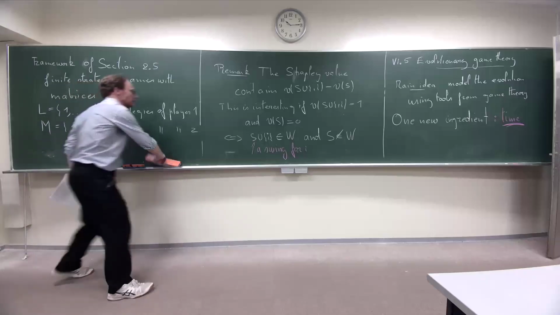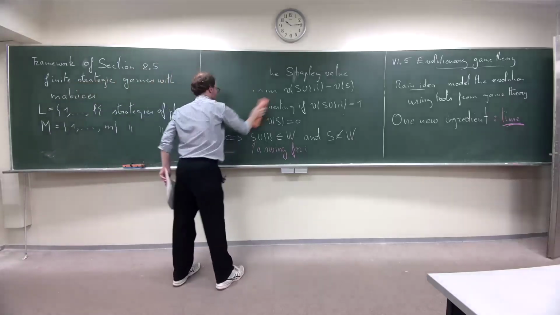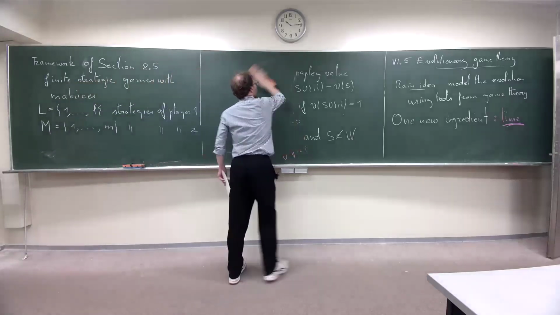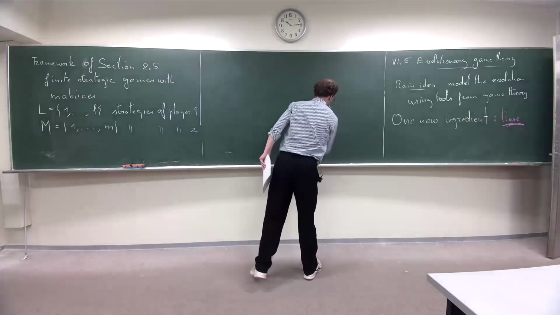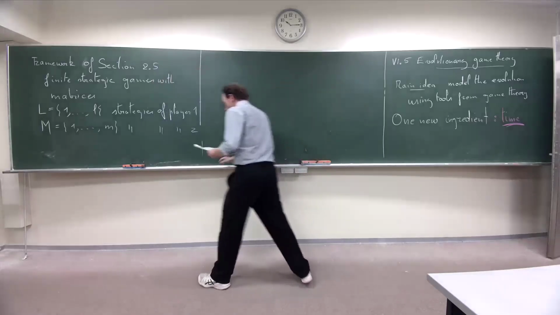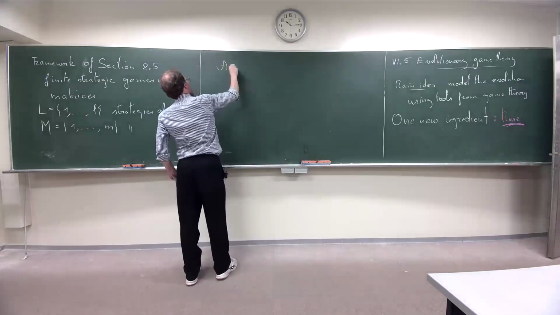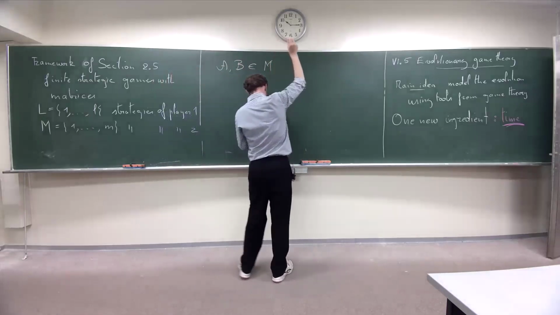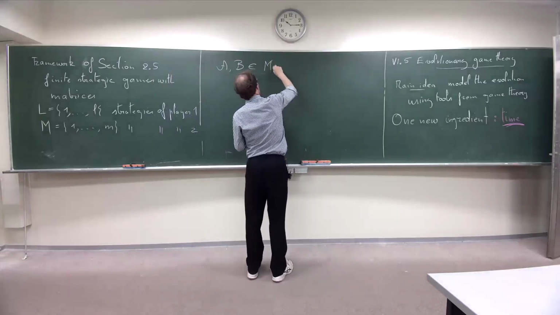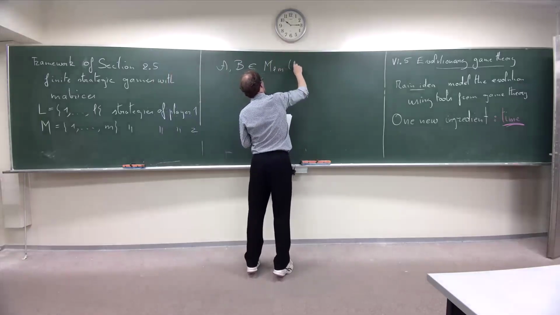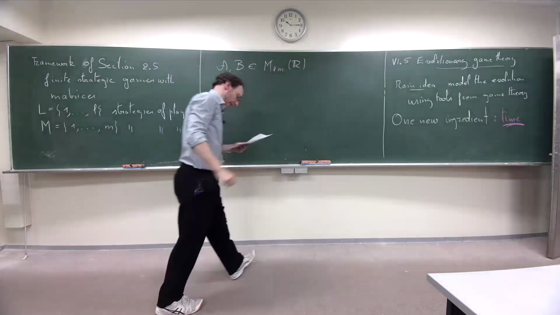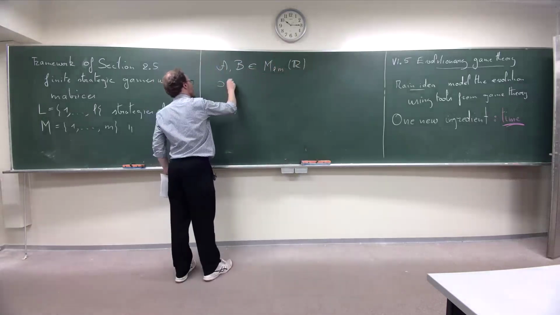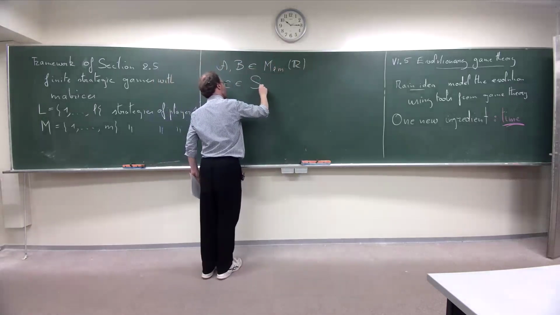And we introduce matrices. So we introduce a matrix A or B of size L times M of R. And we also introduce X, which is a vector in S_L.